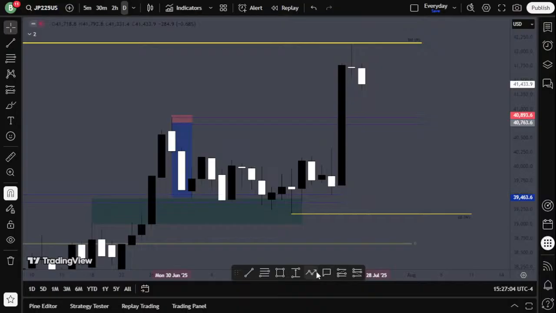Expecting price to come down this way in the upcoming week, potentially for a little retracement before coming down to somewhere here. Roughly here. That's my take for the week on JPY.